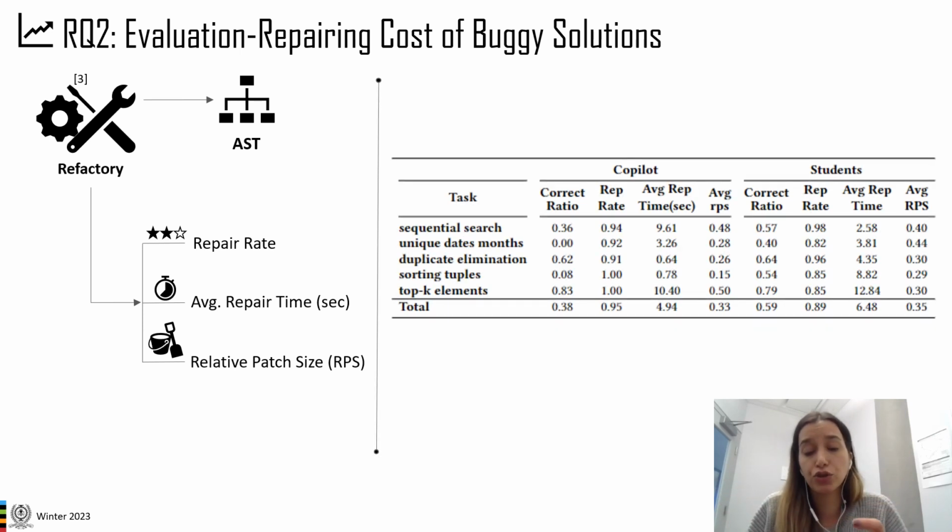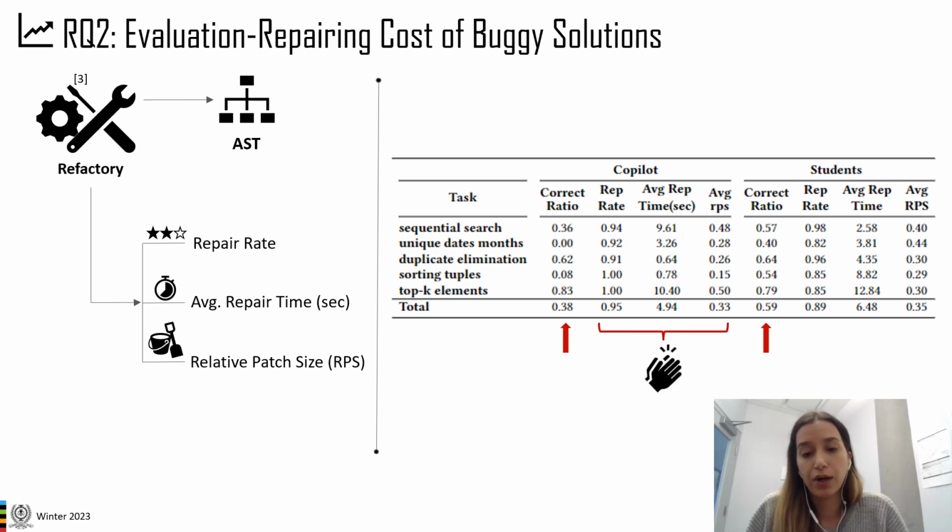Our result shows, as we expected, that students can solve these problems more correctly than Copilot. These are simple problems for a Python programming task, but the correct ratio of Copilot suggestions is less than that of students, and students can solve these problems more accurately.